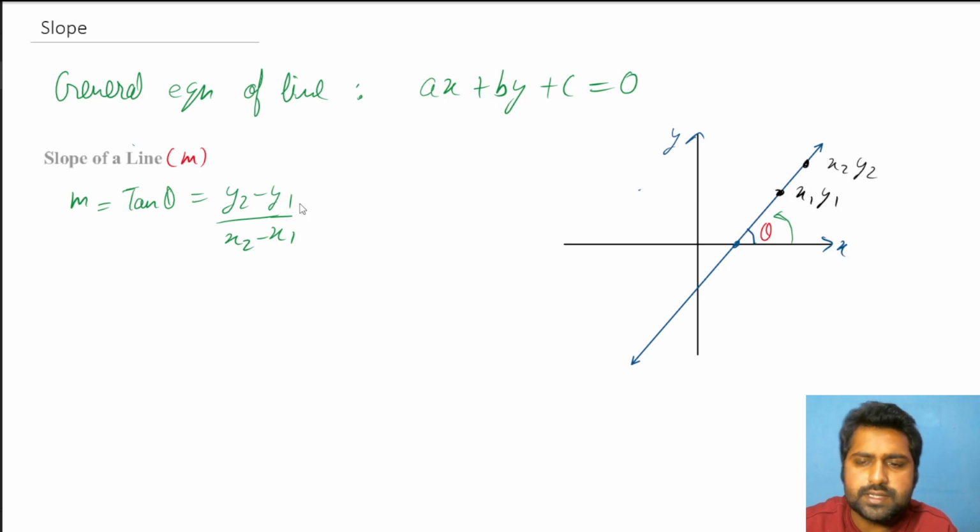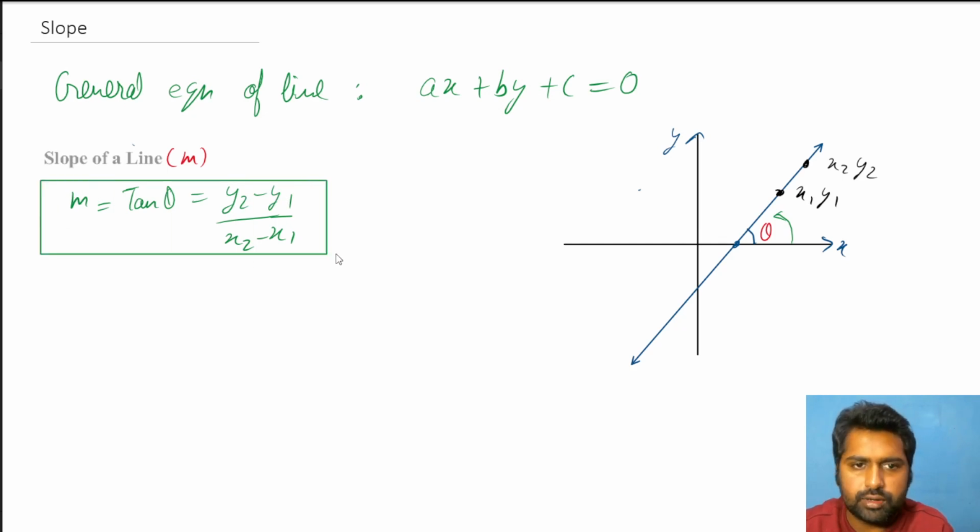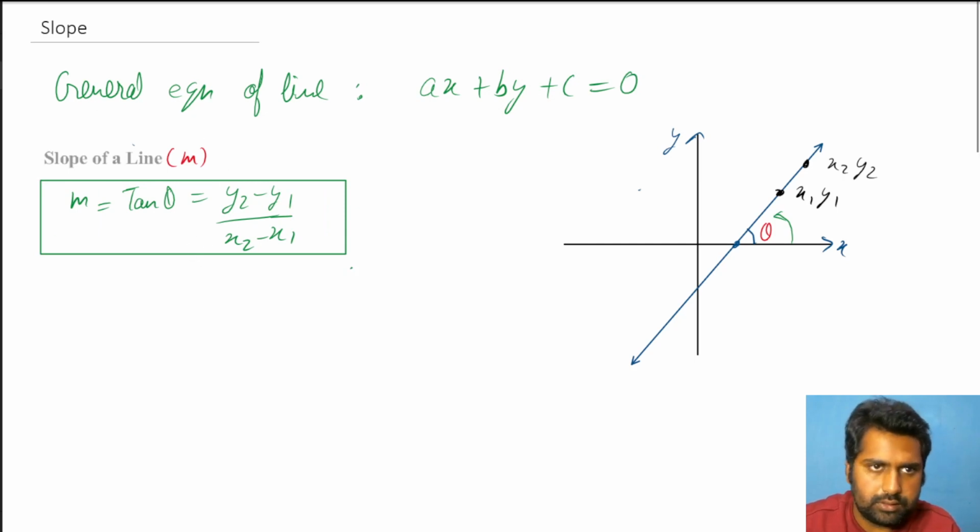So if 2 points lie on a line and we know the coordinates, we can calculate the slope using this formula also. Slope m is tan theta, which is equal to y2 minus y1 upon x2 minus x1. Using either we can calculate slope.